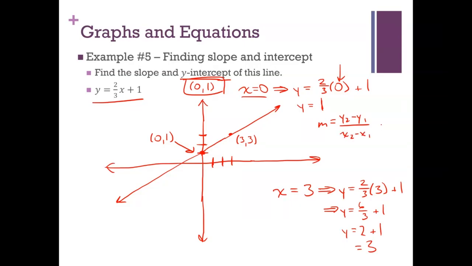What are my y2 and y1 going to be? So 3 minus 1, good. Over what? 3 minus 0. So this becomes 3 minus 1, which is 2, over 3 minus 0, which is 3. So the slope is equal to 2/3.